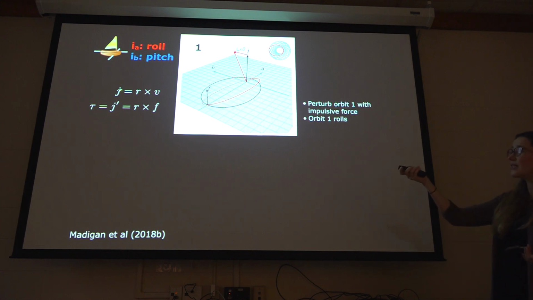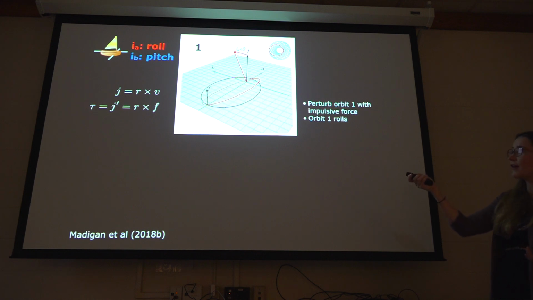We can use these equations here. The angular momentum vector of orbit 1, this is r cross v, is in this direction to give you J up here. It's just like the right-hand rule. What is the torque that's going to act on this orbit because of this force? It's r cross F, right?